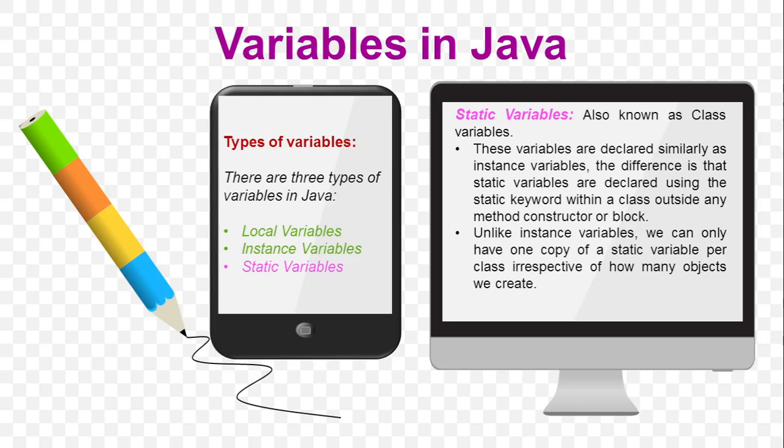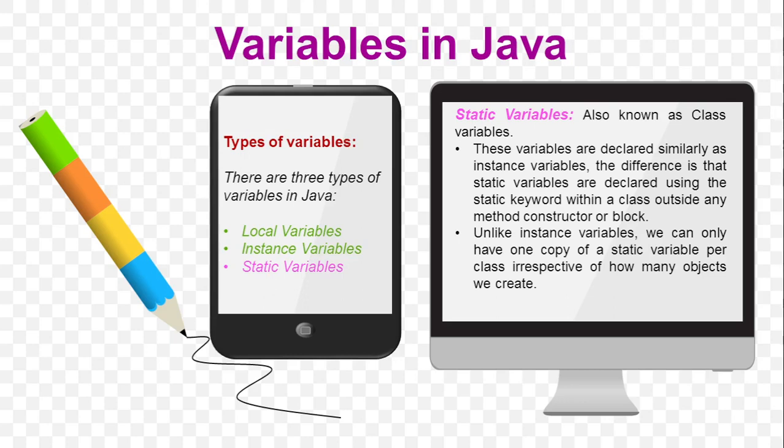Suppose the static variable value is 100. You can modify it through an object from 100 to 200. Now this 200 will be a shareable copy in the computer's memory. Whatever number of objects you create for that class, all of the objects will have the same value of that static variable.